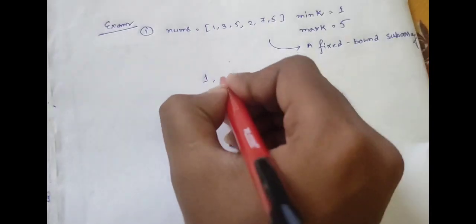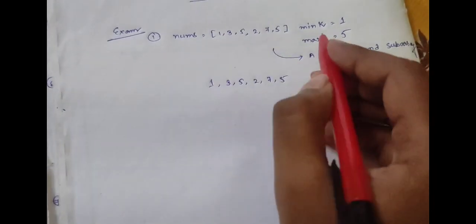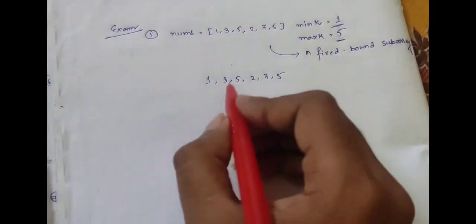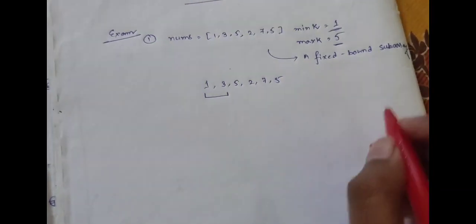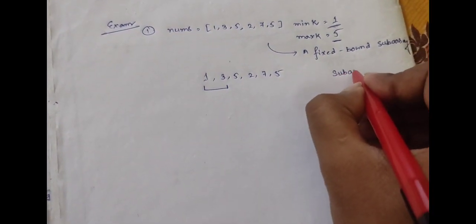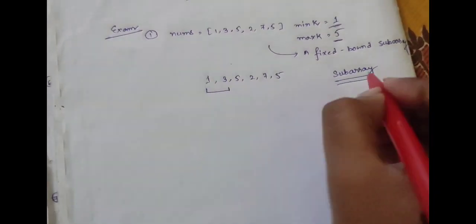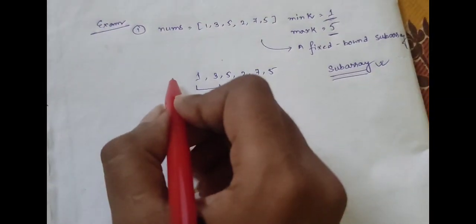You can check 1 3 5 2 7 5, this is the array and minK is 1 and maxK is 5. So how do we do it? First of all we can check with 1 and 3. You know what a subarray is. So now we just do the question.